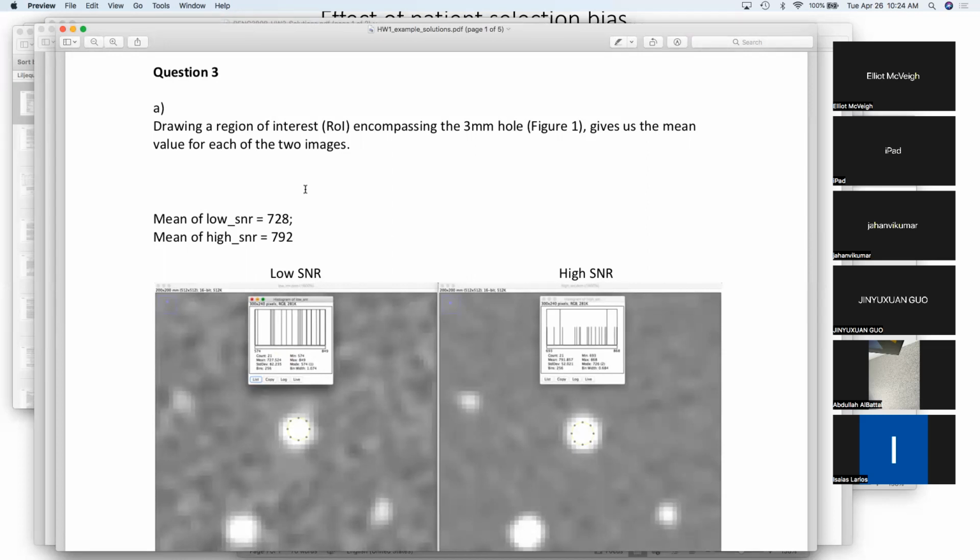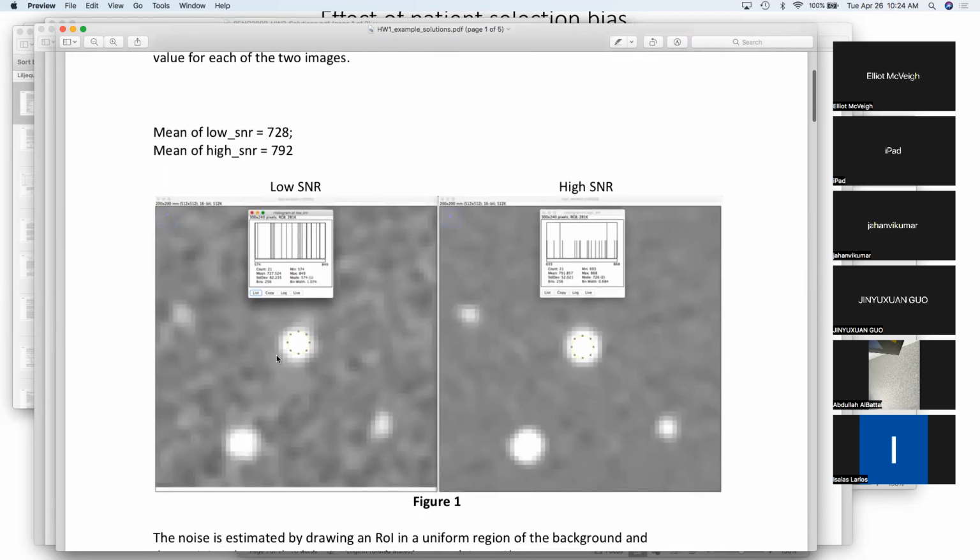Most of the time, practically what we do is measure contrast to noise, because in a single instance of the object, we have a signal and we have some background, like this one, right? So these dots were filled with a contrast agent that gave off a bright signal, which gives you a signal value at the dot, and then the variability of that value we can obtain in 2 ways.